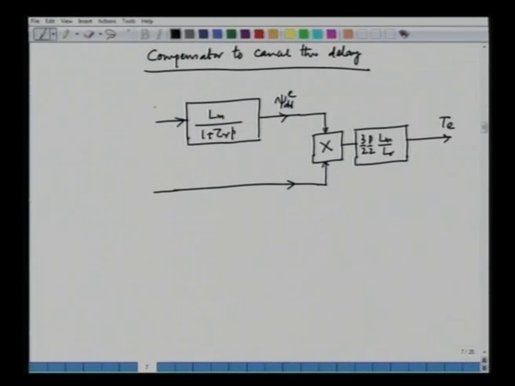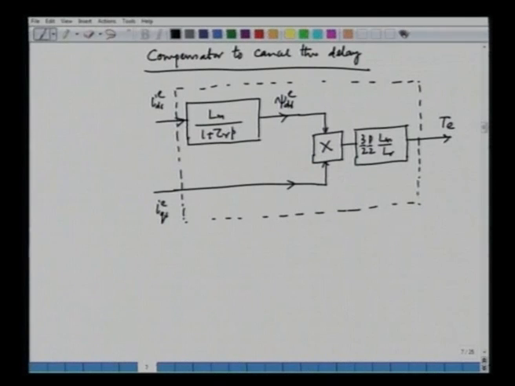This is IQS, this one is IDS, and this is IQS, and this dashed box is inside the machine. Okay, this is the induction machine. And what we do here, we can add a compensator.